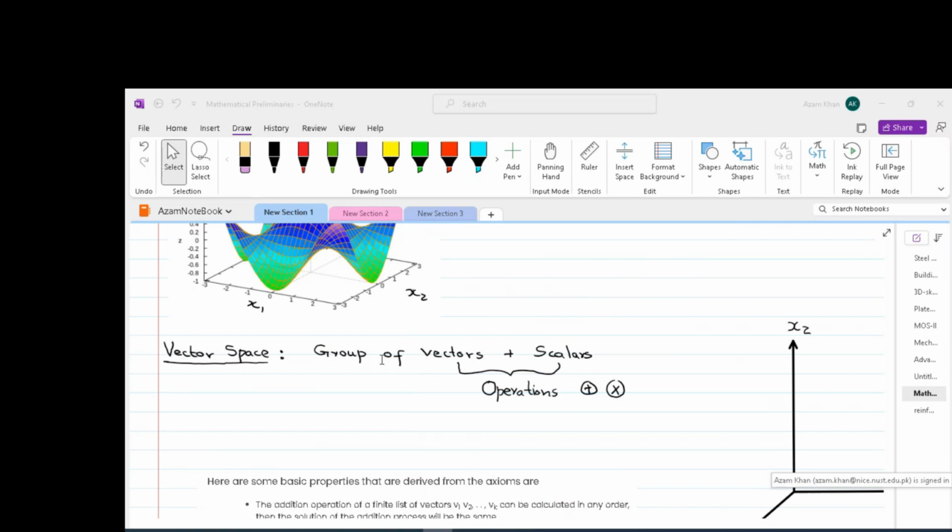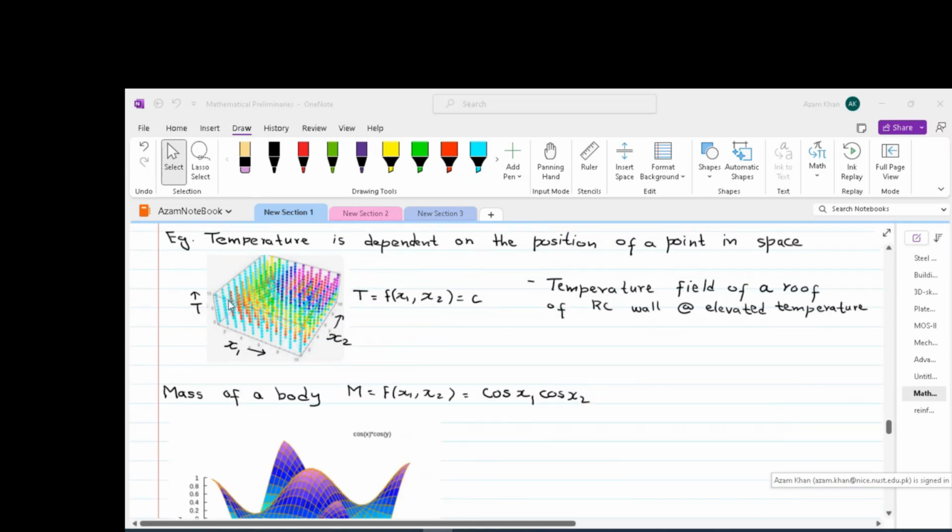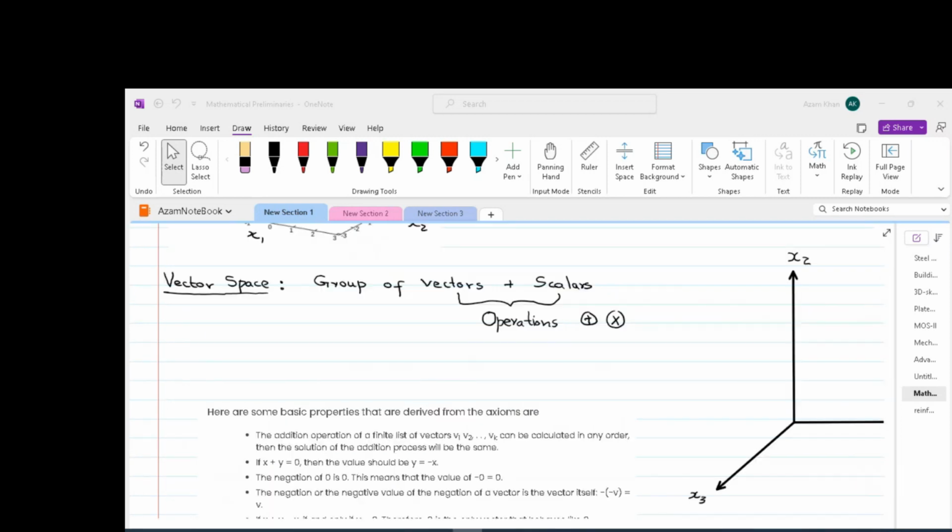A vector space is also a space, a coordinate system, which can have different vectors defined at different locations. In the case of a scalar field, we had scalars defined in different positions. The vector space should be able to define different vectors. In addition, it should be able to define a group of vectors, their resultants, the addition of different vectors, and multiplication of different vectors.